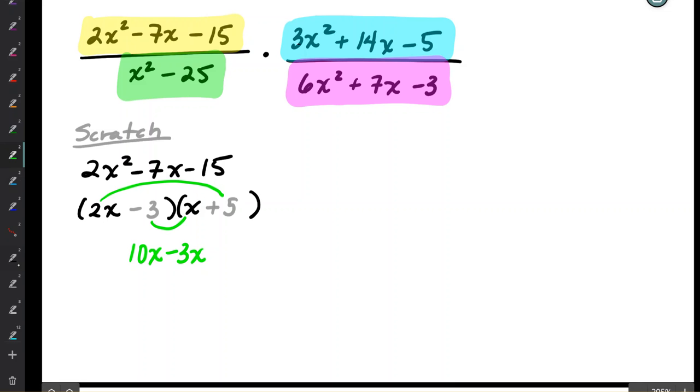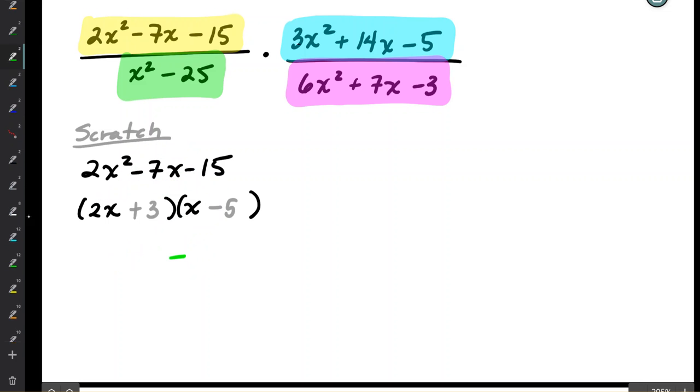So what does it need to be? It's going to be a positive 3 and a minus 5. Negative 10x plus 3x is minus 7x. We factored that beautifully. So yellow is yellow.